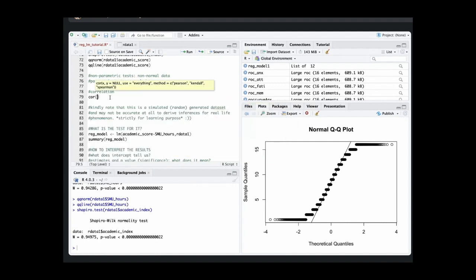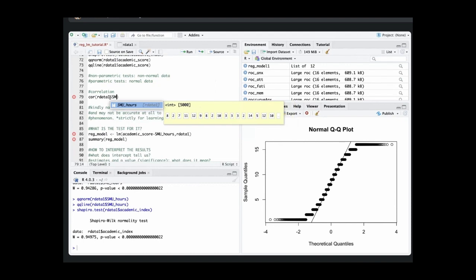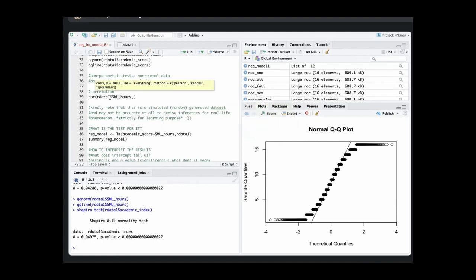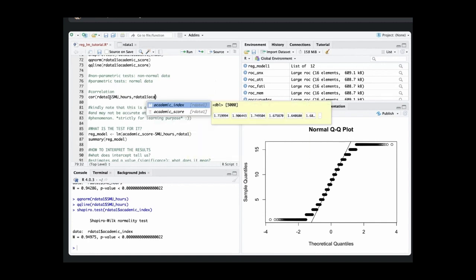Then I open it, and I mention my x variable, which is contained in this data set, SMU hours, and then I mention my y variable, which is again in the same data set, academic scores, right?